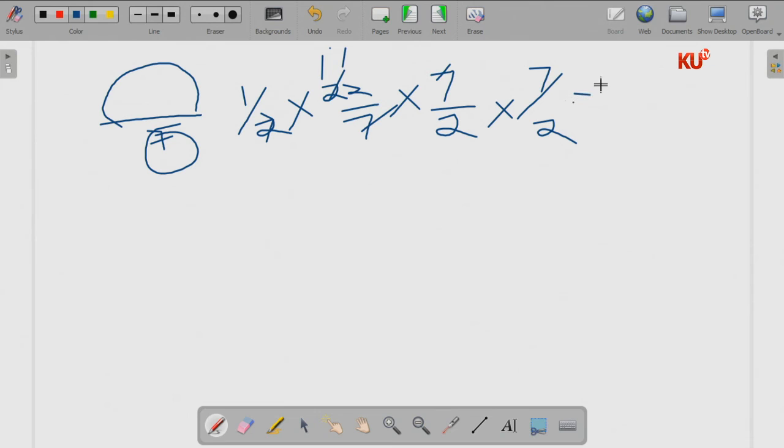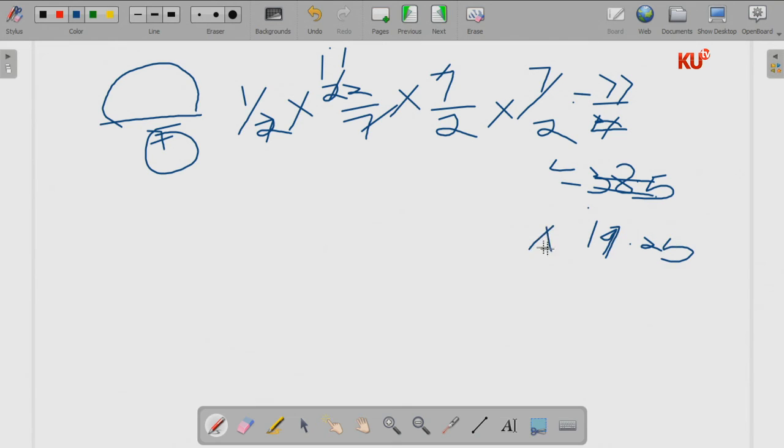Then now you will have 77 over 2, which gives us 38.5. Sorry, it is over 4. Over 4 should not give us 38.5, but it is supposed to give us 19.25 square meter.